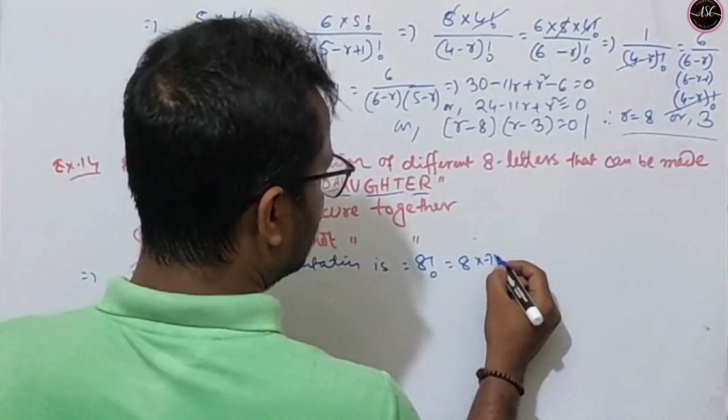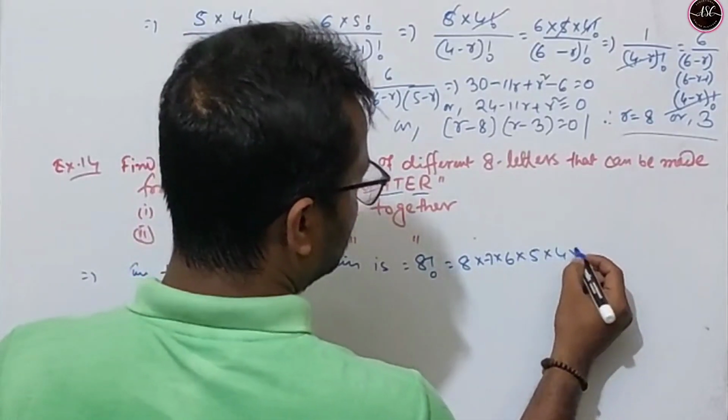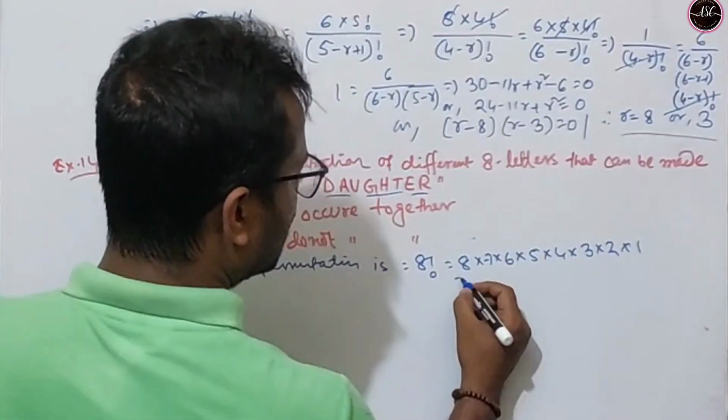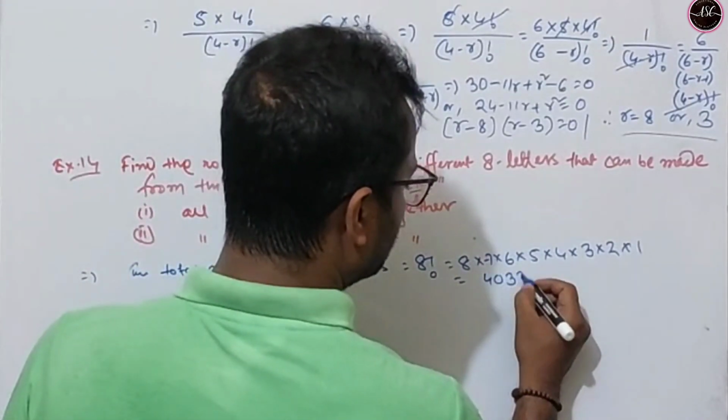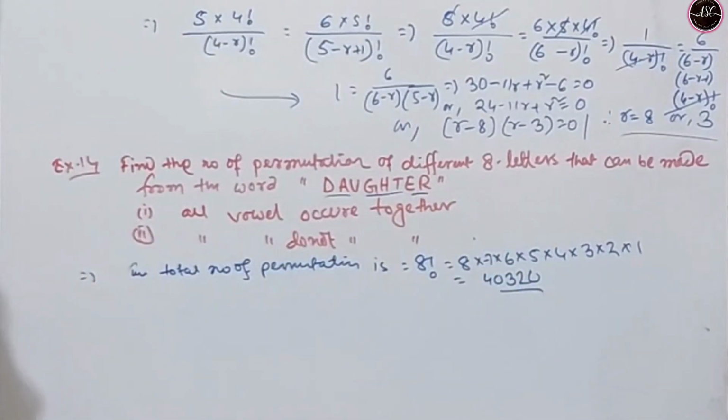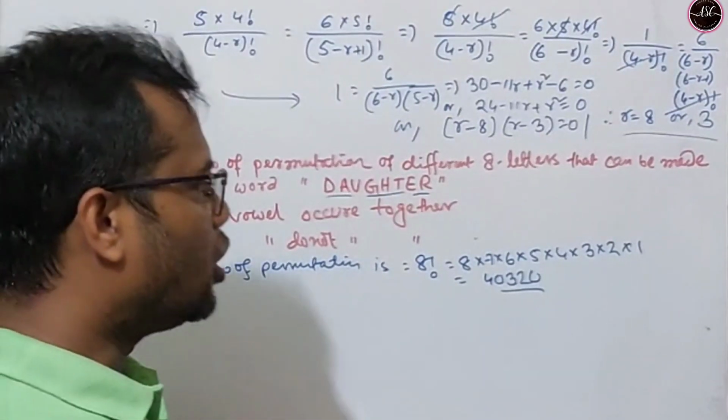That means 8 into 7 into 6 into 5 into 4 into 3 into 2 into 1 equal to, what is the value? 40320. Just multiplying this.